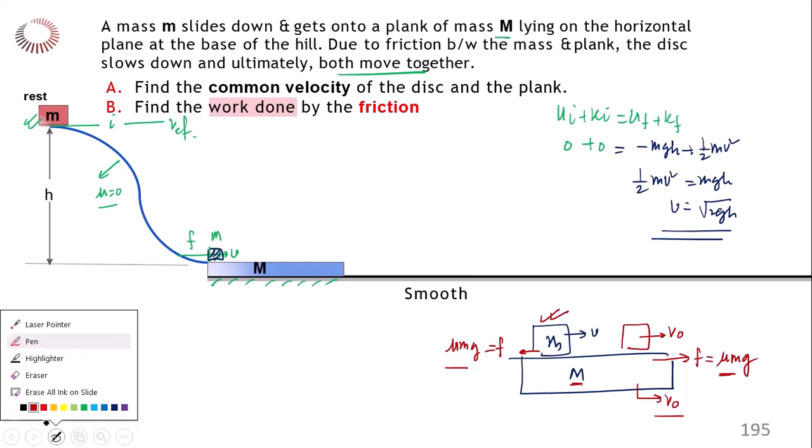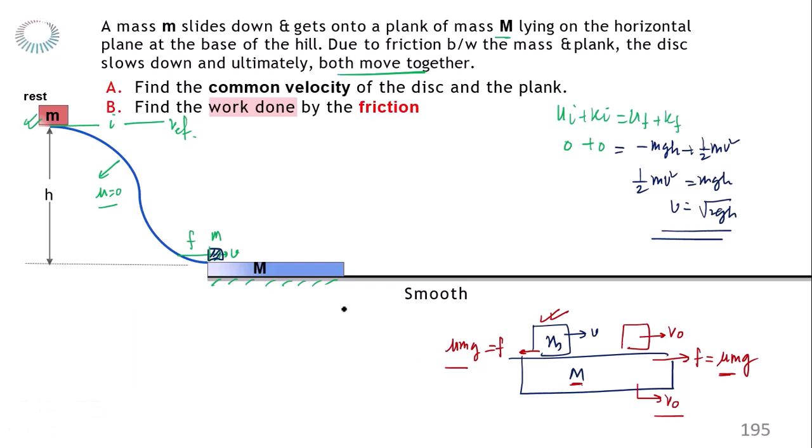Okay. So what is the retardation value? Retardation is force divided by mass. So a for small m should be equal to how much? Minus mu mg divided by m, that is equal to minus mu g. And a for capital M is how much? That is plus mu mg divided by capital M.